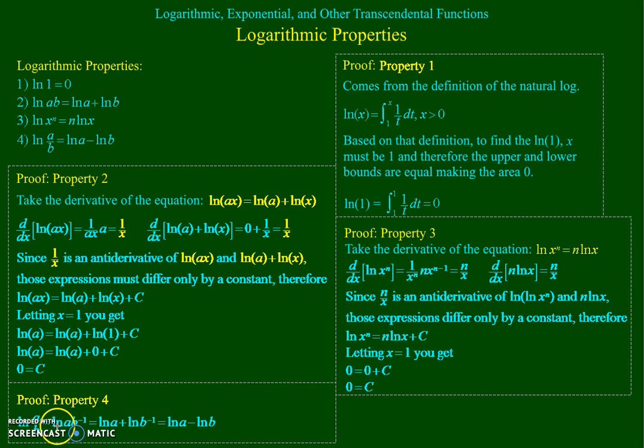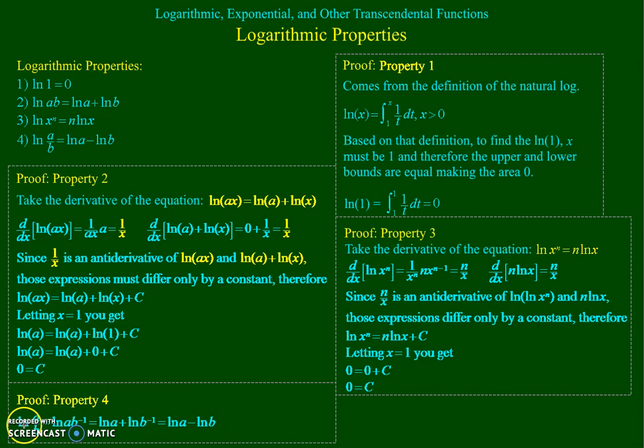And this is a product, so we're going to use property 2, and we're going to say that the natural log of a plus the natural log of b to the negative 1 is equal to the natural log of a times b to the negative 1. And lastly, we're just going to utilize the power rule here, and we're going to take that negative 1 and put it out front, and we have the natural log of a minus the natural log of b.